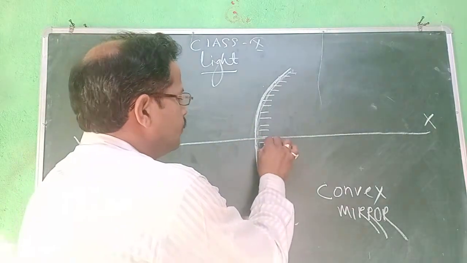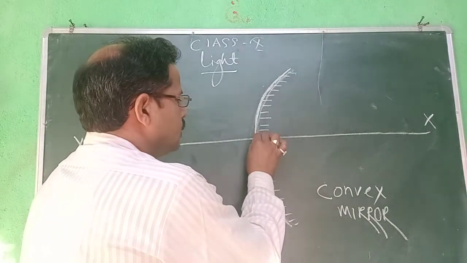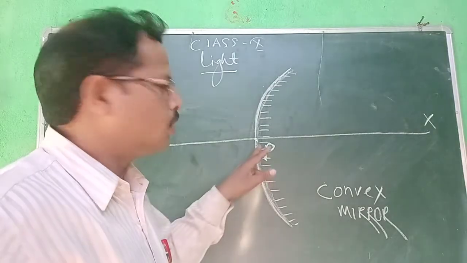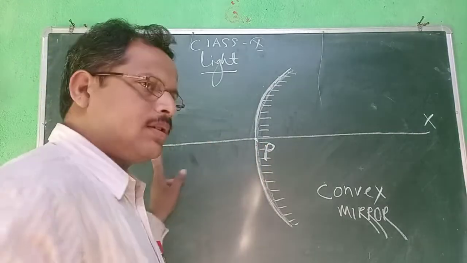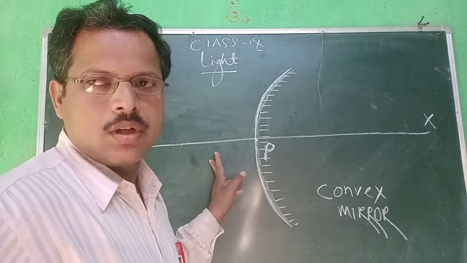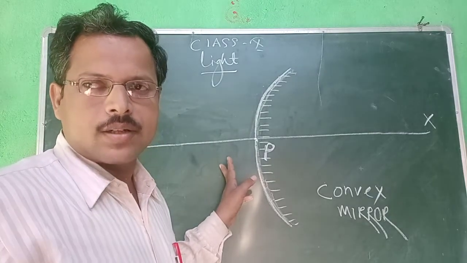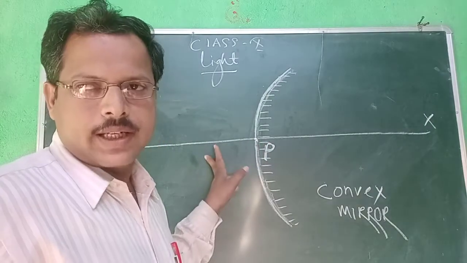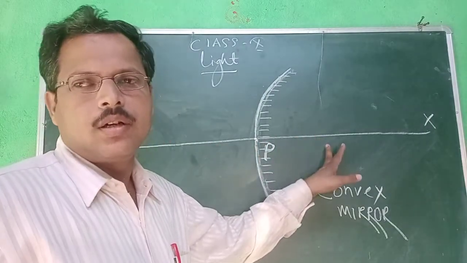This is called the pole, and all measurements are done from the pole. The left side uses a negative sign and the right side positive. I will discuss the sign convention in the next session.